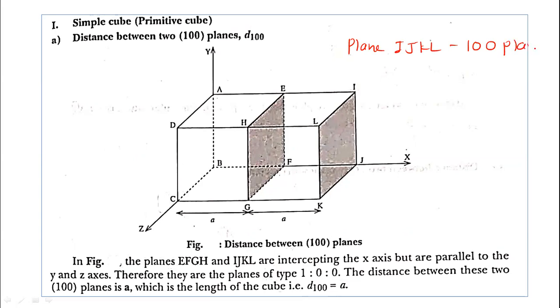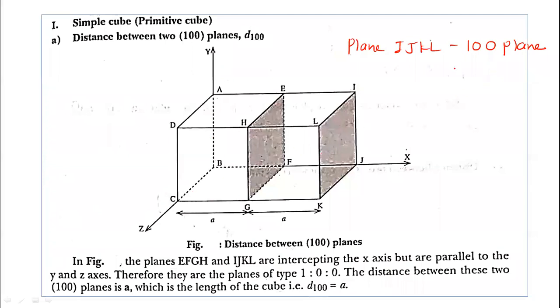This plane is called the 100 plane because it intersects along the x-axis but is parallel to the y and z axes. You can see this plane is parallel to the y-axis and parallel to the z-axis.